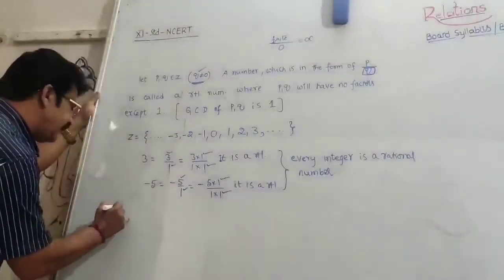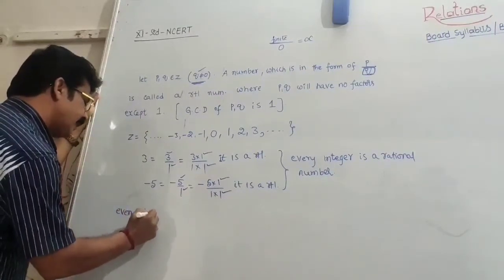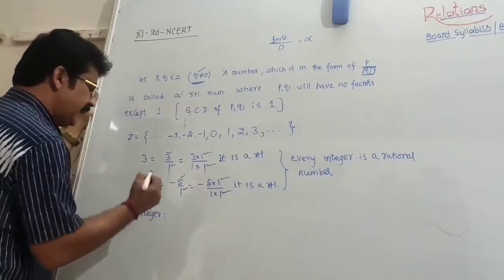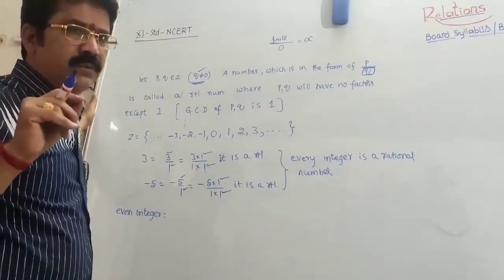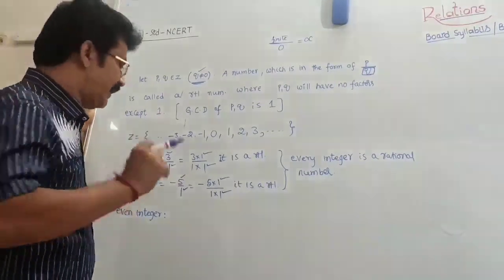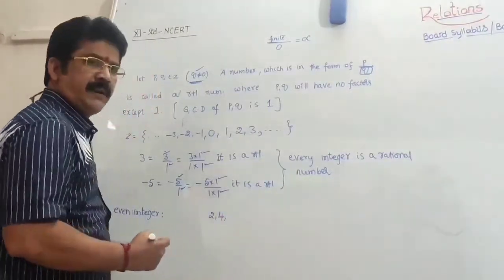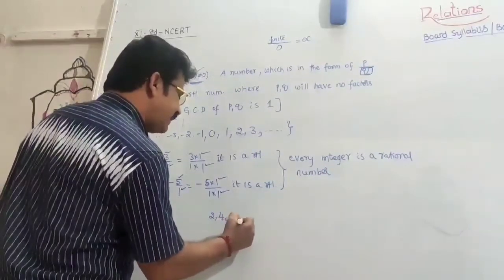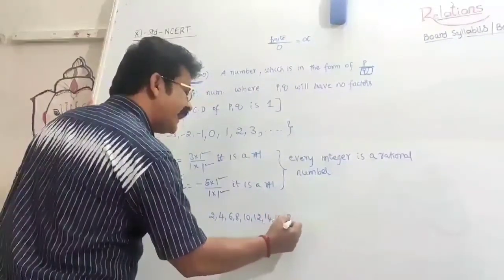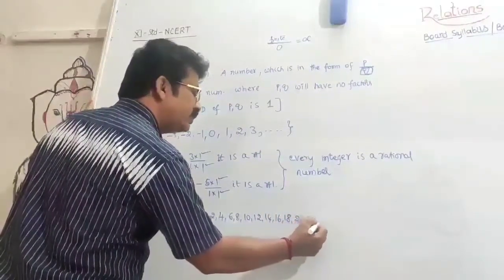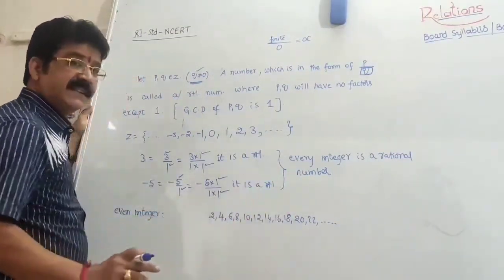I wish to recall even integers and odd integers. First, even integer. An integer which is divisible by 2 is called an even integer. For example, 2, 4, 6, 8, 10, 12, 14, 16, 18, 20, 22 and so on. So, these are called even integers.